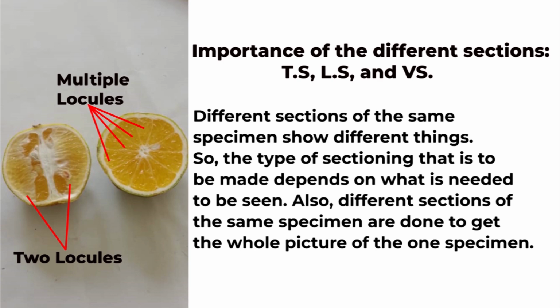Then also, different sections of the same specimen can be done so that you have a good picture of the same specimen. Good. So that's about sectioning. We'll look at sectioning when we look at microscopes and see how sections in microscopes should be done.